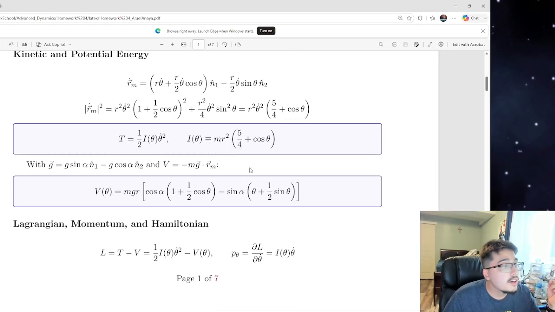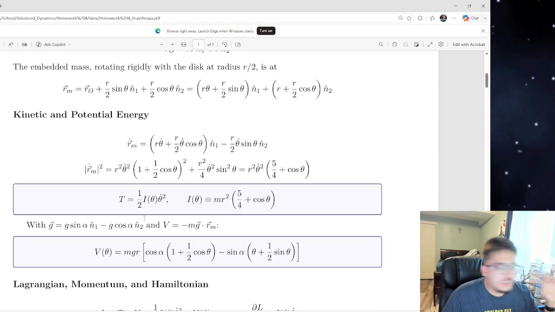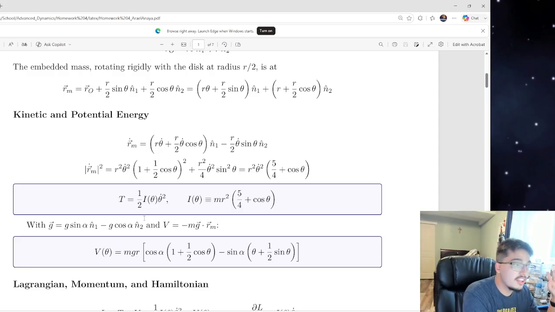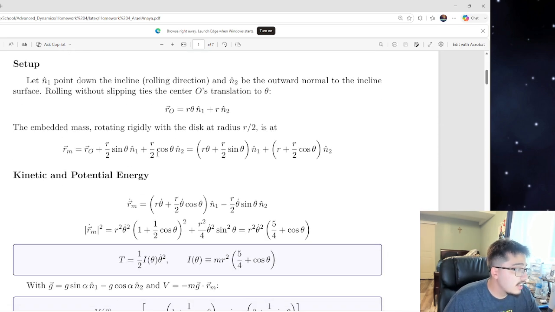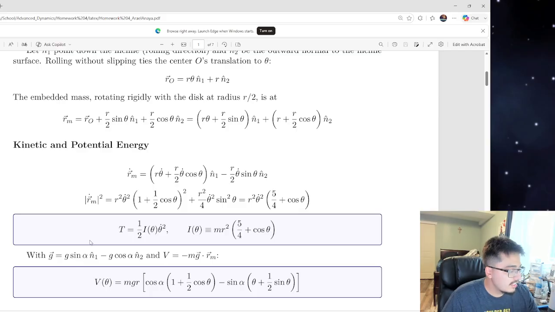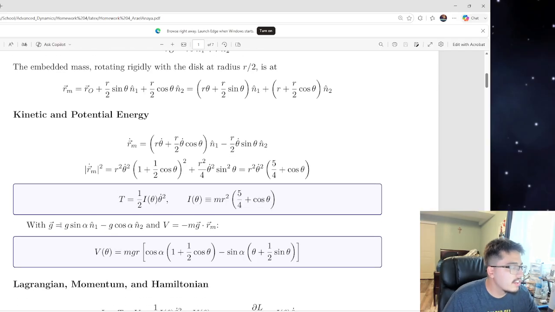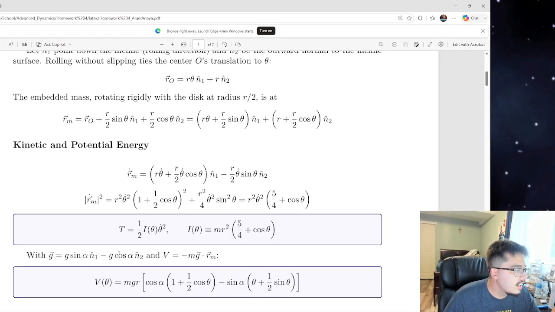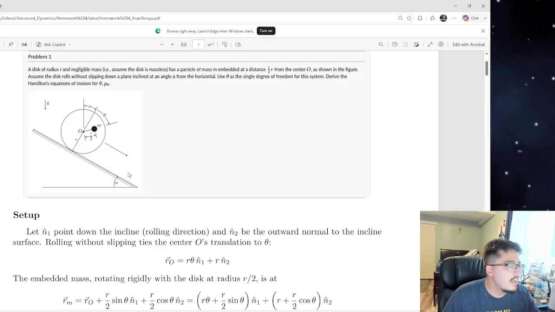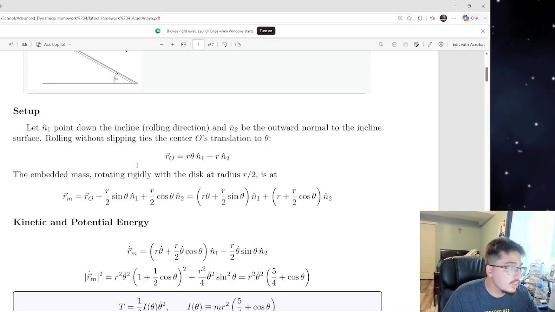Now to solve for the potential energy, I was having a bit of trouble figuring out how you solve for the potential energy, which is obviously not a vector, but we've been doing all this vector dynamics. After doing some research, I found that the easiest way is to define a gravity vector. In this case, g sine alpha and g cosine alpha represent the way that gravity is in that n1, n2 rotated frame.